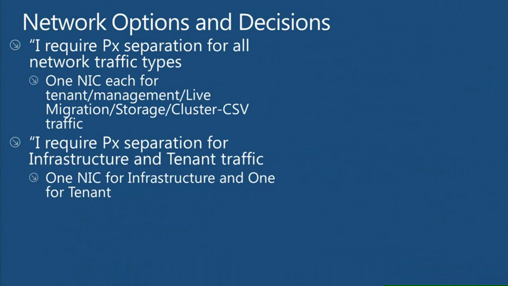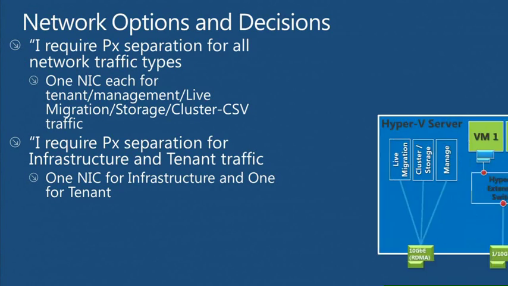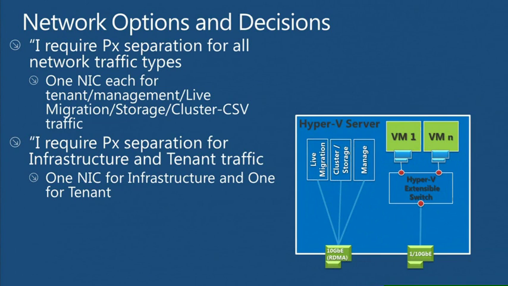Another possibility is someone has a requirement where they say, I require physical separation only for the infrastructure and the tenant traffic, so you only need one NIC or one team each for the infrastructure and the tenants, and it would look something like this, the second design pattern that we looked at earlier.